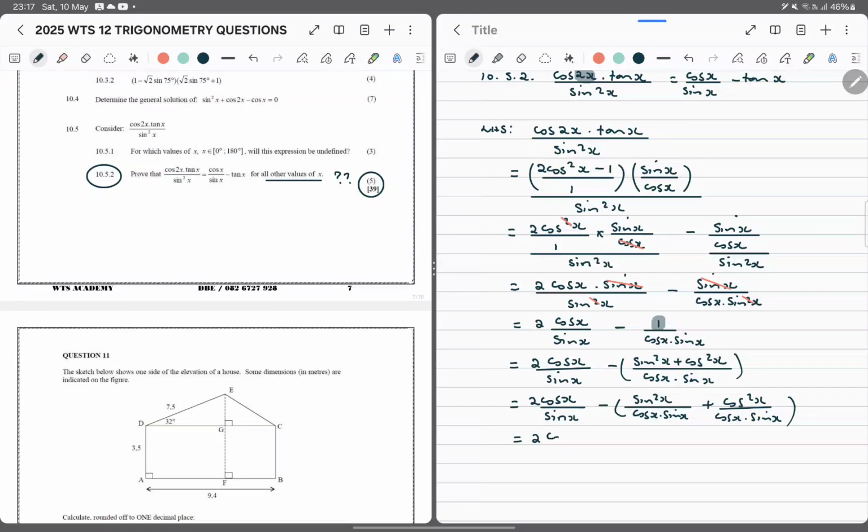Okay, so we've got 2 cos x over sine x. Now we know that the magics will happen. This one takes that, great, and then this cos takes the square, and then we FOIL the negative, so we get minus sine x over cos x minus cos x over sine x, and of course these are like terms.